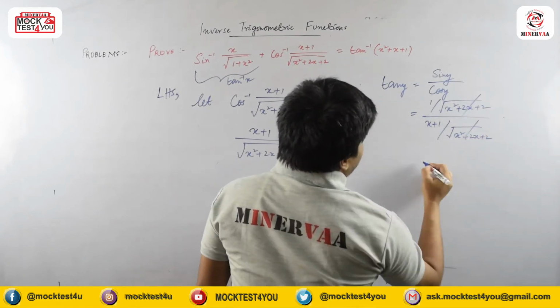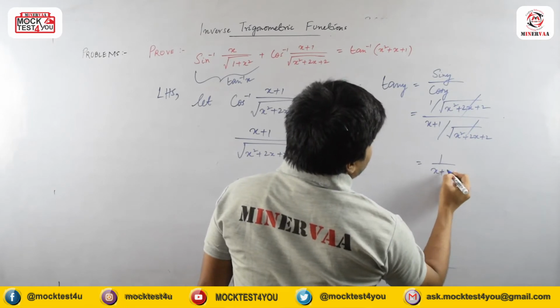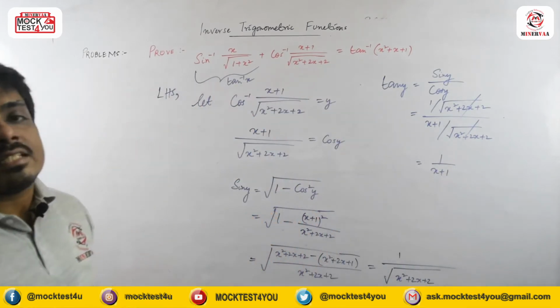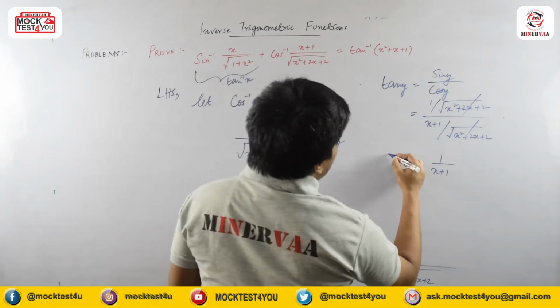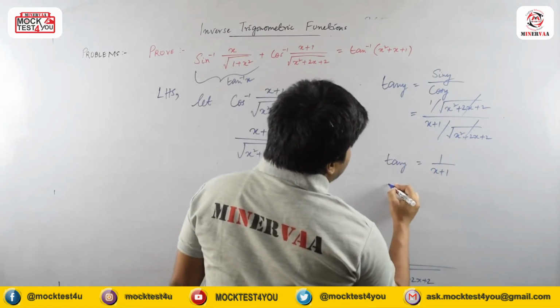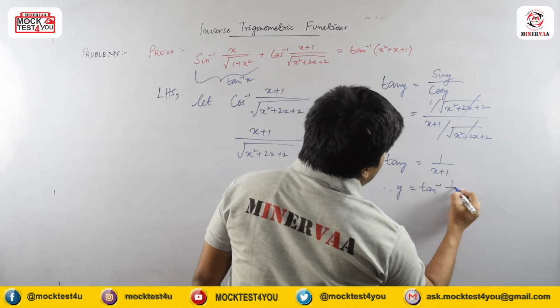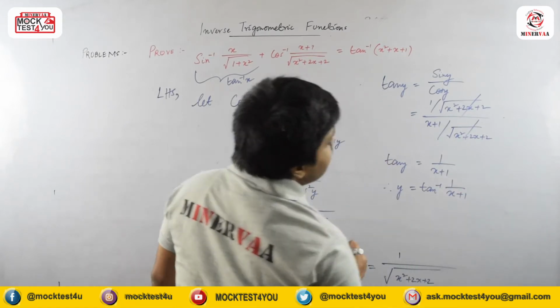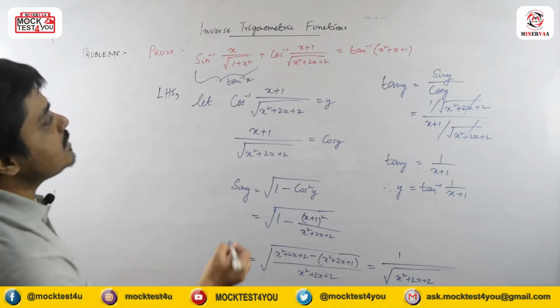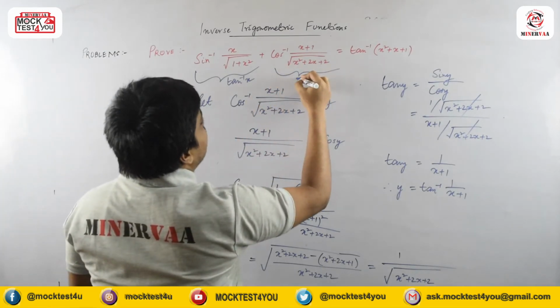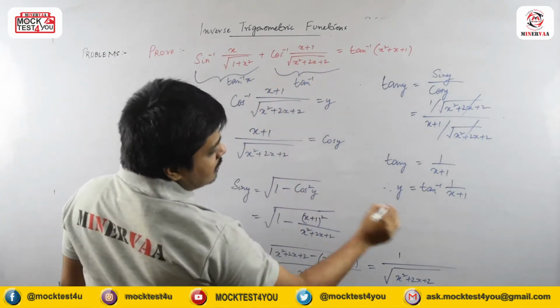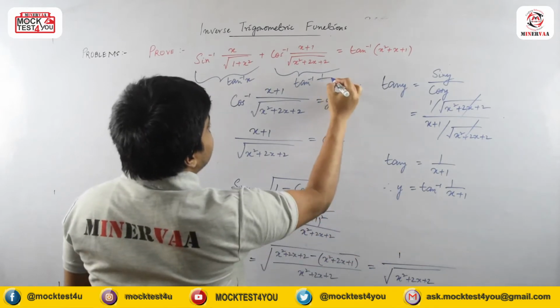So the root gets cancelled. We have 1 by x plus 1. This is what we have. So my tan y is this one. So therefore y is nothing but tan inverse 1 by x plus 1. So this also we have found out, that is tan inverse 1 by x plus 1.